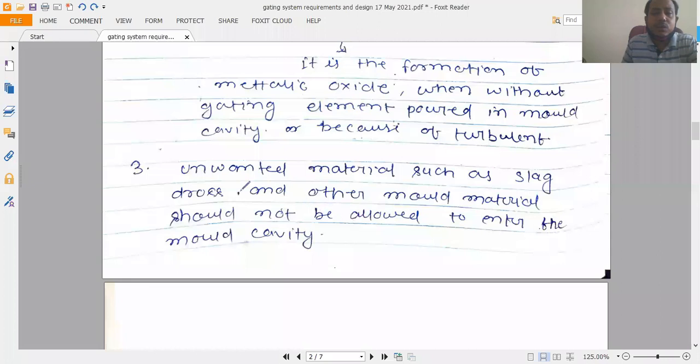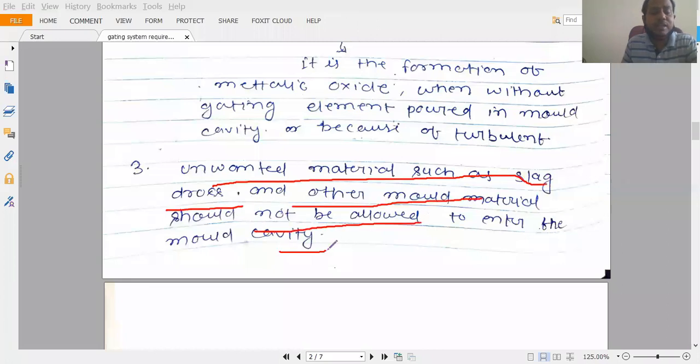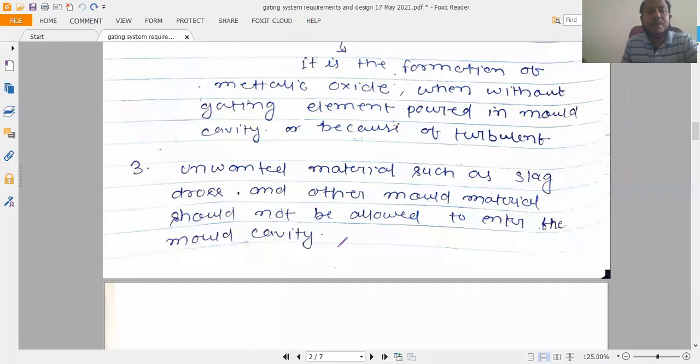Now, unwanted materials such as slag, dross, and other mold materials should not be allowed to enter the mold cavity. So we have to keep in mind that slag forms when we pour the molten metal and it continuously reacts with air.